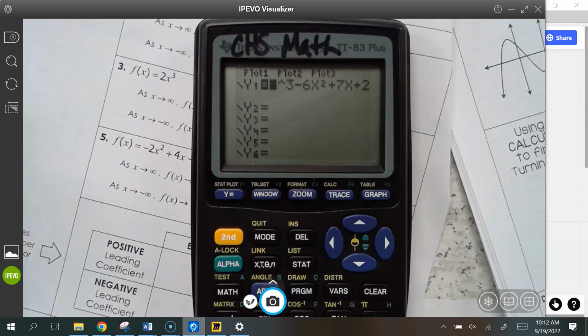Everybody got this on your calculator? All right, here we go. Zoom 6. You should have this.